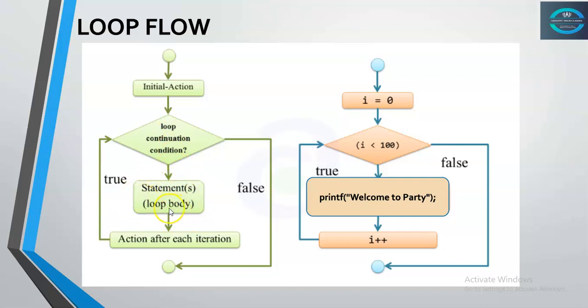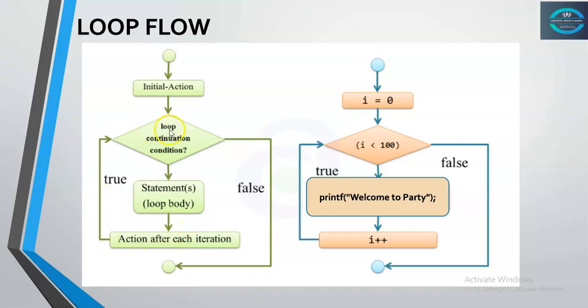So let's say if you are printing some message, let's say "hello, how are you", that message 100 times, you will basically just set the initial condition i is equal to 0 and then i is less than 100. Then you will say yes, i is 0, so i is less than 100, yes, so it will print that message. And then once that body is executed, it will basically just increase or decrease that counter, that is i++, i will be increased to 1.